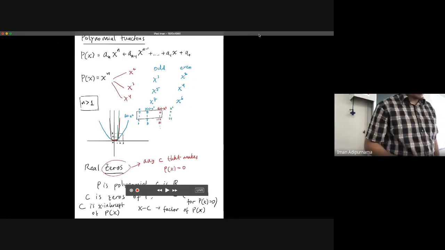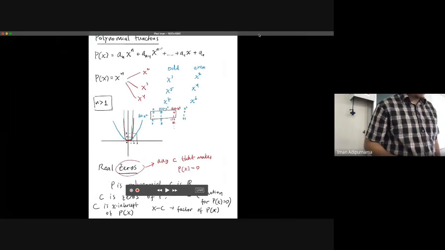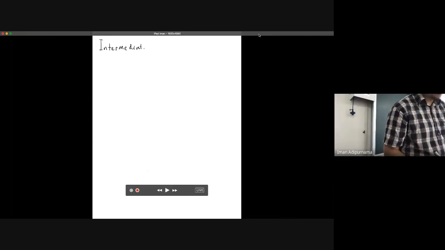Let's go a little bit into the next topic. There is also a similar theorem in calculus for continuous functions, and in the polynomial there is a similar theorem and similar usage. It's also called the intermediate value theorem.